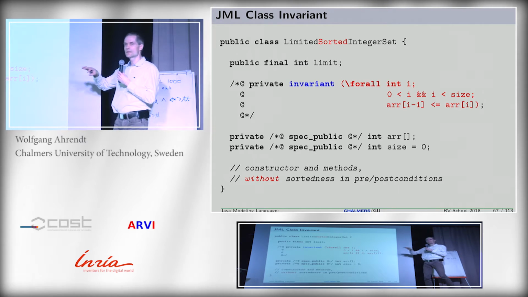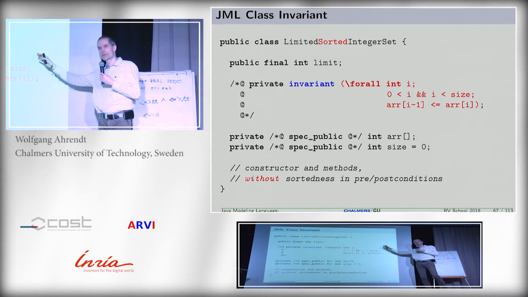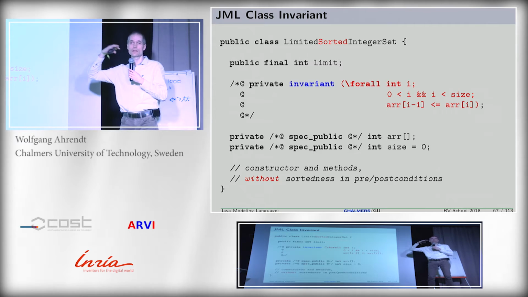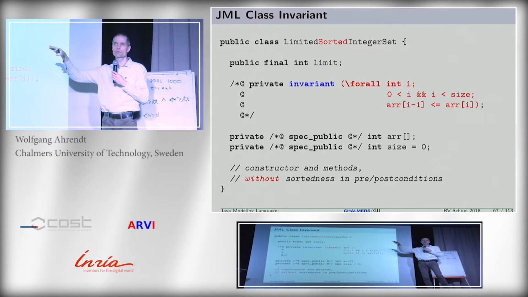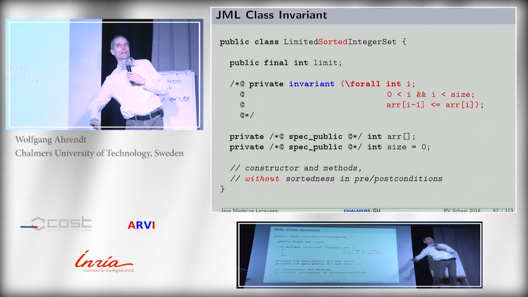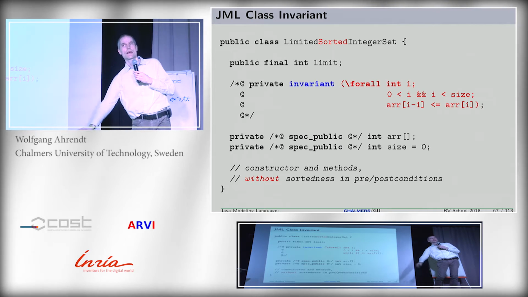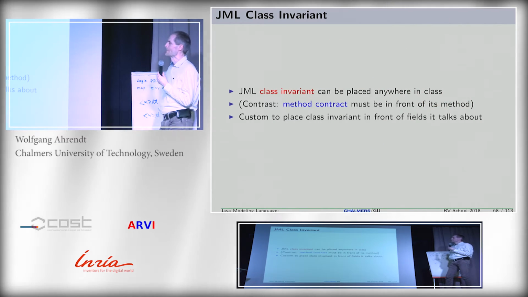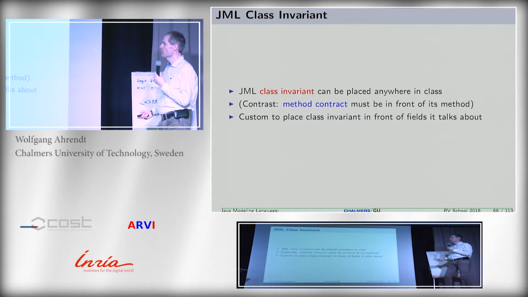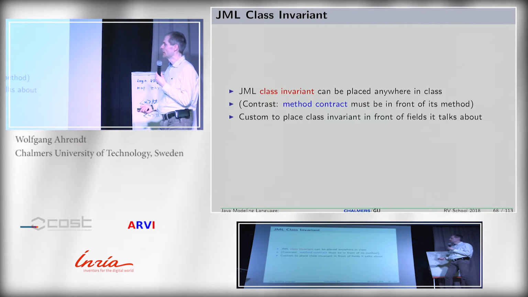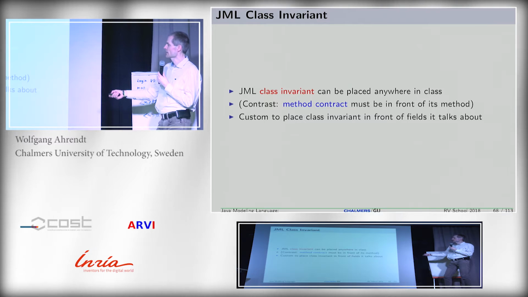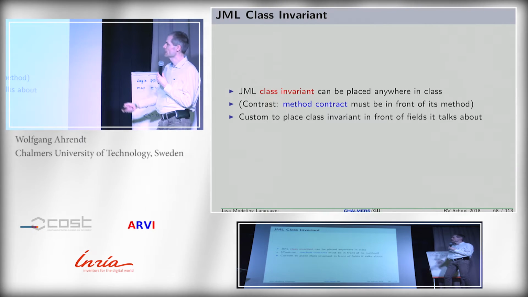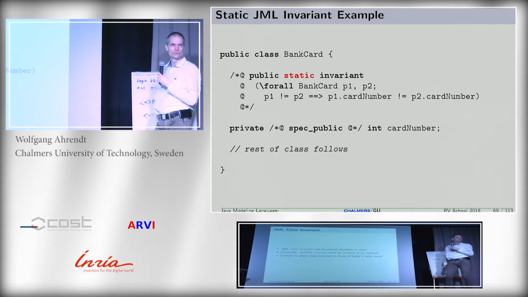And with that, this becomes an implicit assumption on all methods, and an implicit guarantee. You can imagine it being implicitly added to all requires and added to all ensures without spelling it out. Good, you can place it anywhere, but it's customary to place it syntactically close to the fields it talks about. Yes?